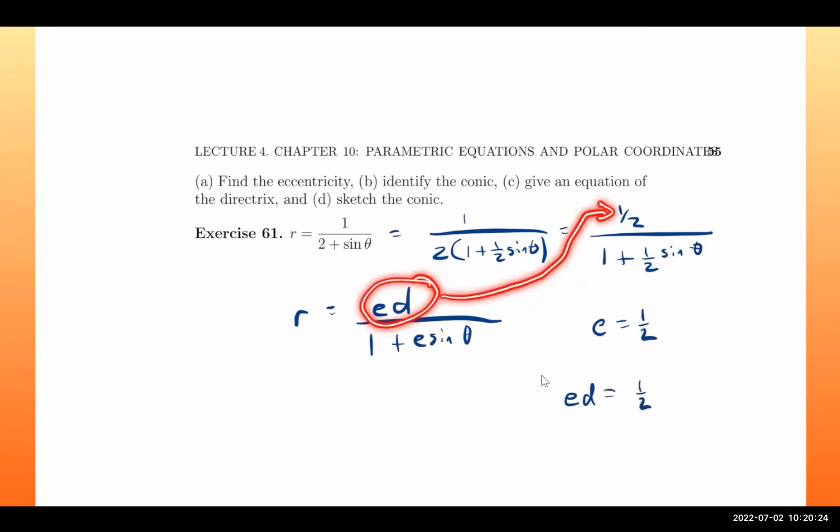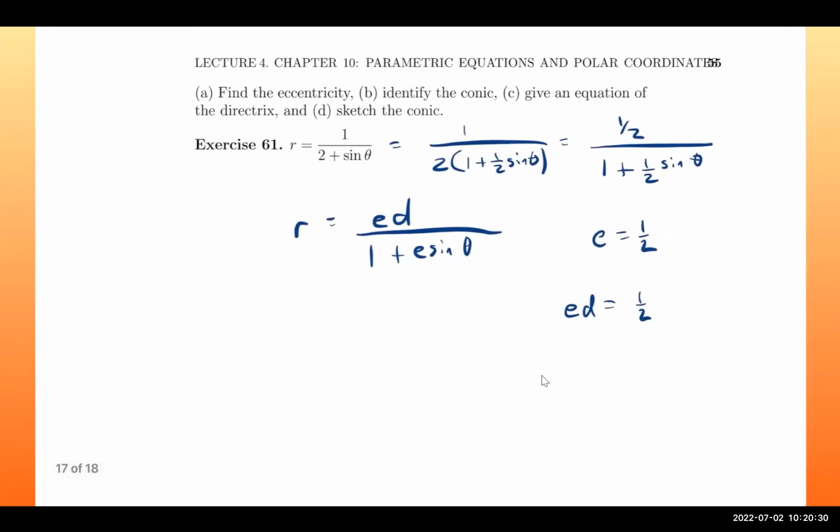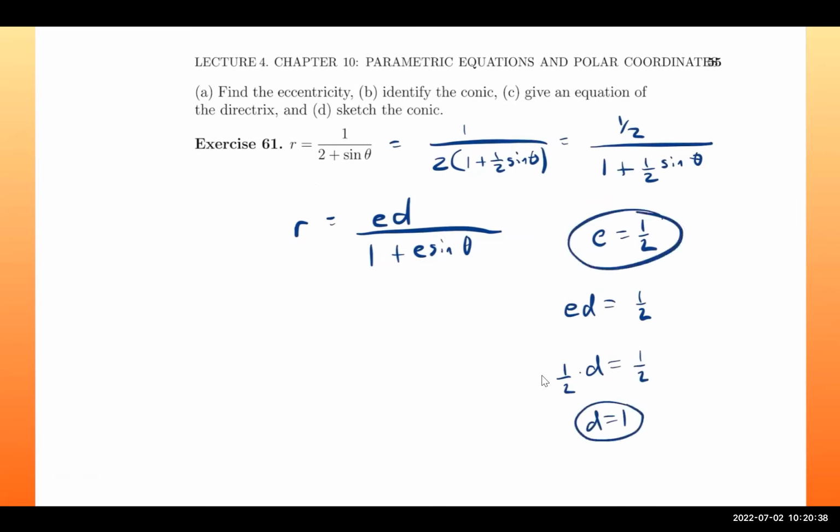We also know that ED has to equal 1/2 because the numerator is 1/2. If we substitute 1/2 in for E, we get 1/2 times D equals 1/2, which means that D equals 1.